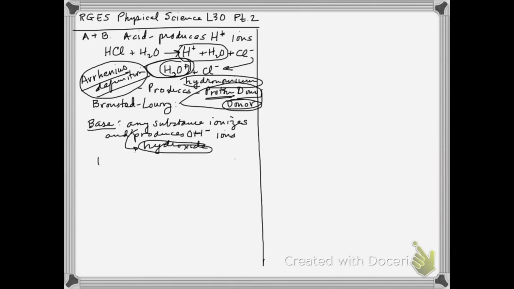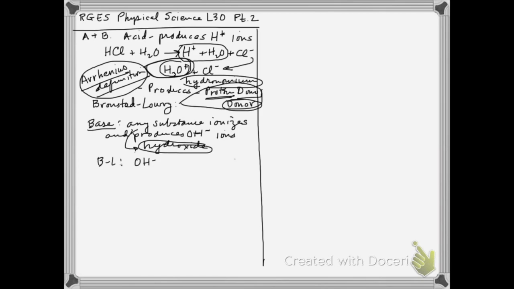Now, if you look at the Bronsted-Lowry definition, it's tied to that. It's close. And they are saying that when this is dissolved in water, it is producing the OH ions. And the OH ions are floating freely through the solution as well.